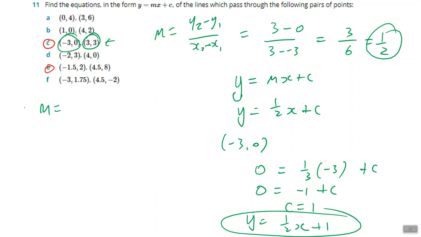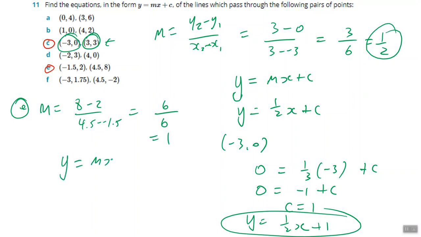For E, you go through the same process. My gradient is 8 minus 2 over 4.5 minus 1.5. So 8 minus 2 is 6. 4.5 minus 1.5 is 6. The gradient's 1. Oh, that's nice. So y equals mx plus c.